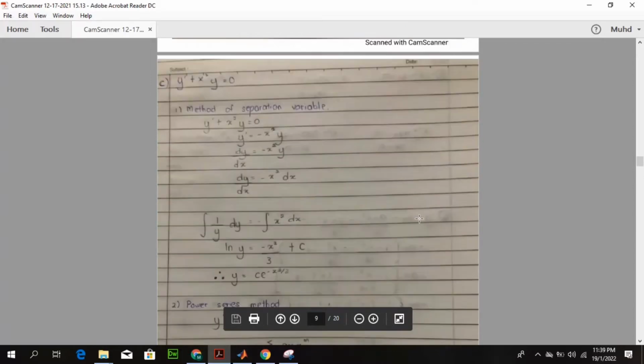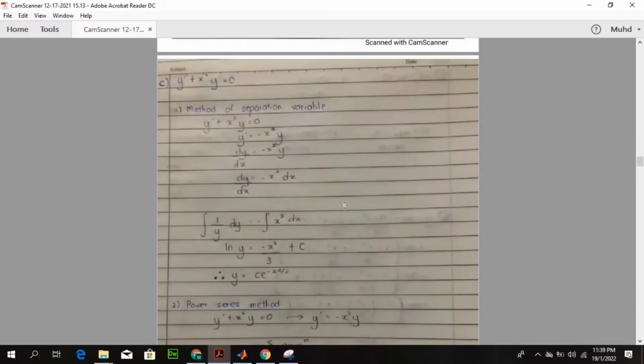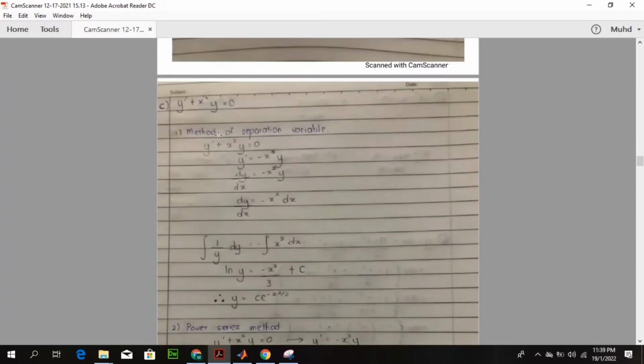Okay, for the last question is C. Got two methods. The first method is using method of separation variable, and the second one is power series method. For the C question, y prime plus x square y equal to 0.